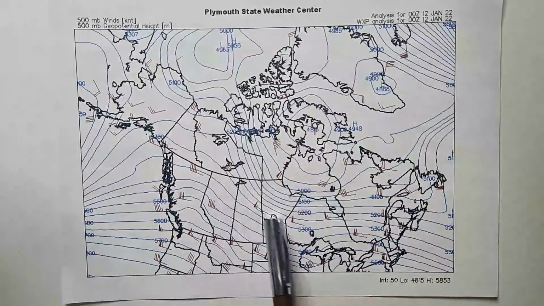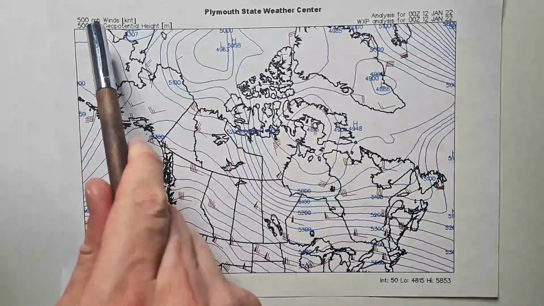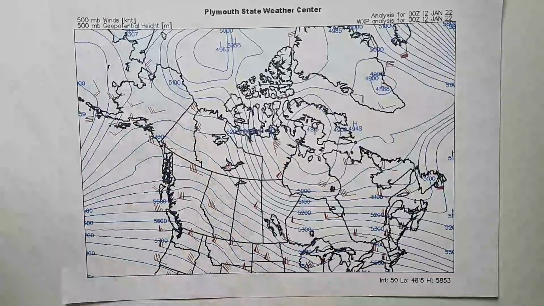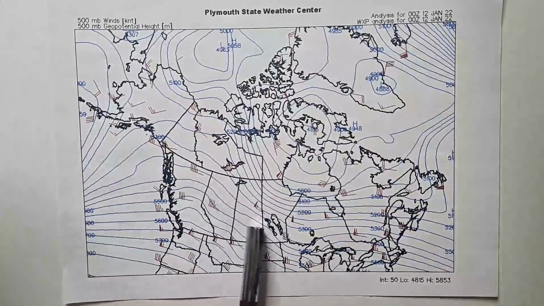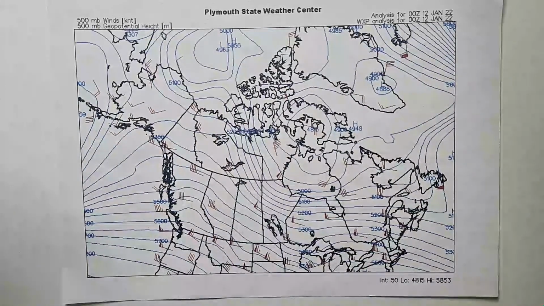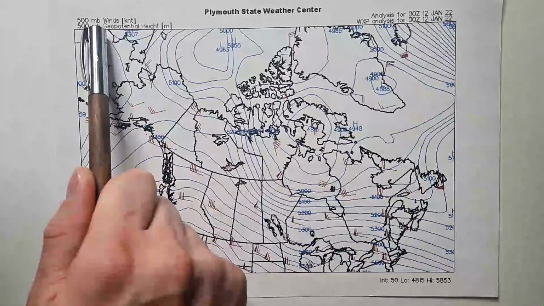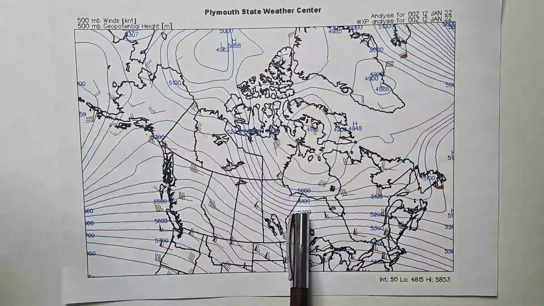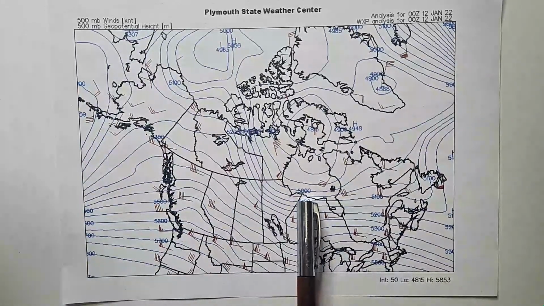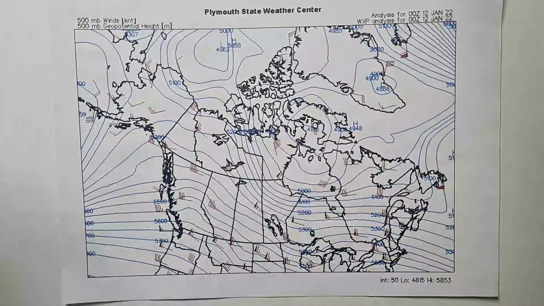These blue contours represent geopotential height in meters of the 500 millibar pressure surface. So along each of these lines we have 500 millibar pressure, and you can see above Canada on this day, 500 millibars was at approximately 5.3, 5.2, 5.1 kilometers above Earth's surface.